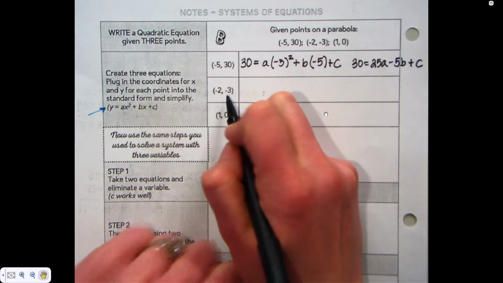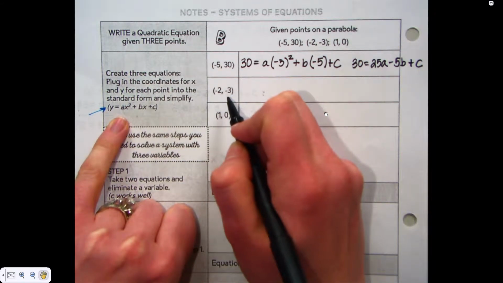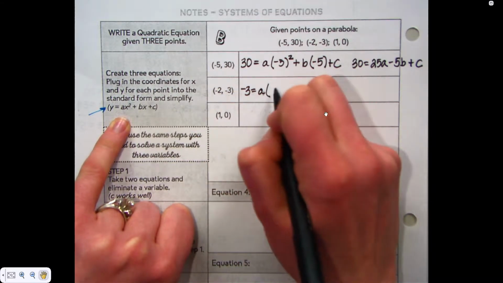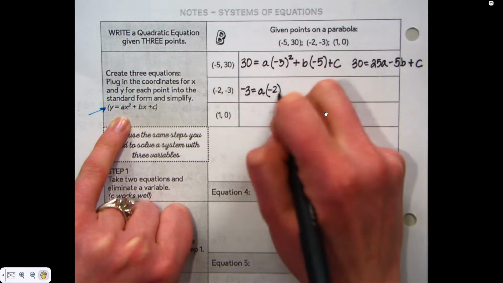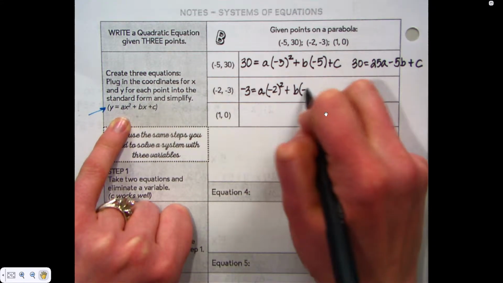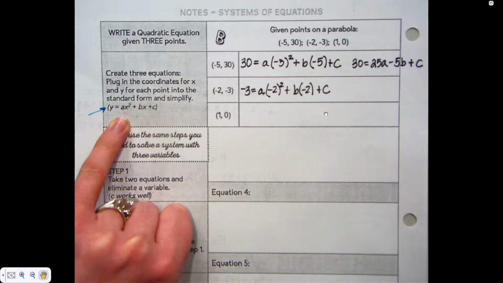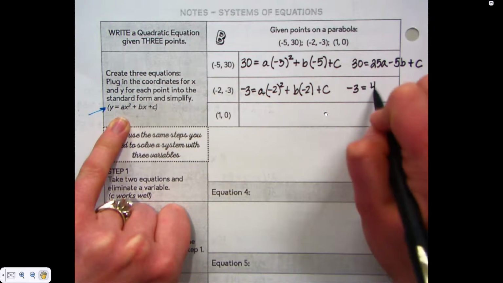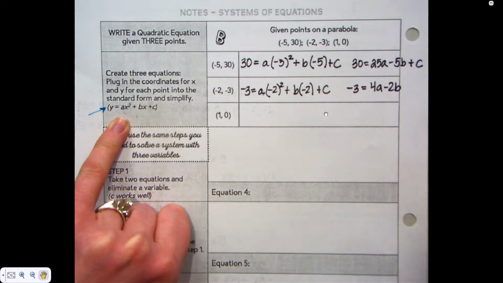So this coordinate, again, I'm going back into the standard form. I should be getting a -3 when I plug in a -2. So a times -2 squared, b times -2 plus c. If I clean that up, I'll get -3 equal to 4a minus 2b plus c.